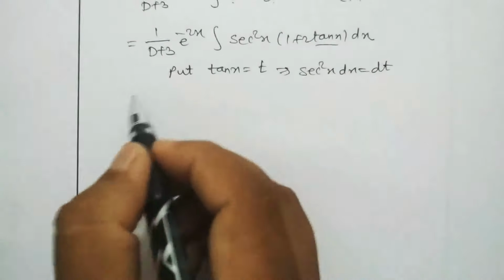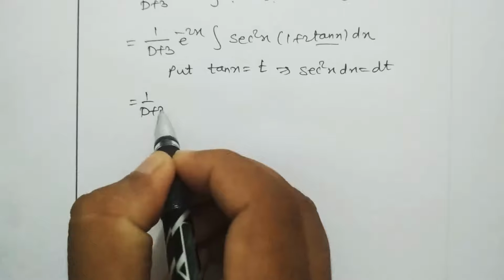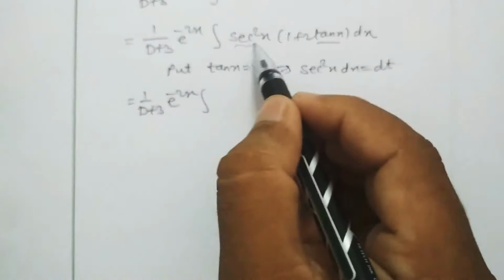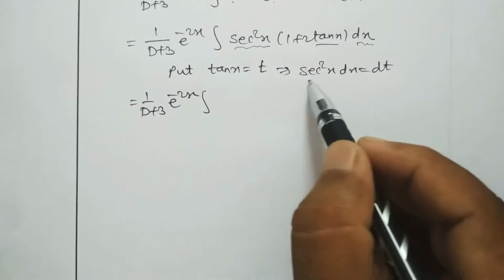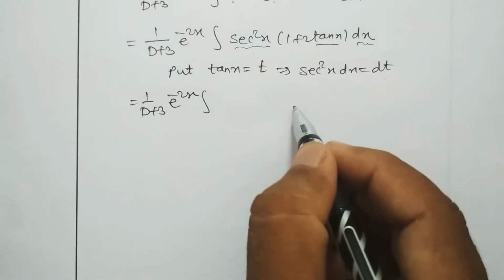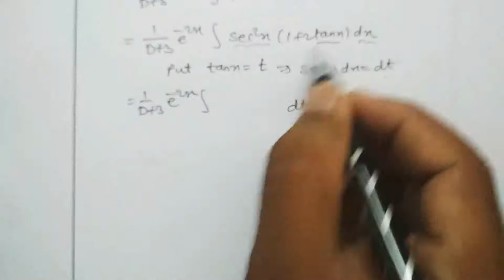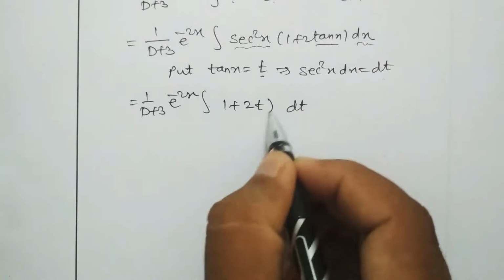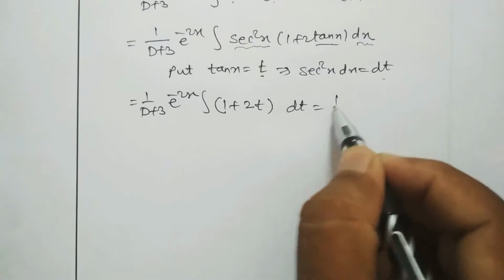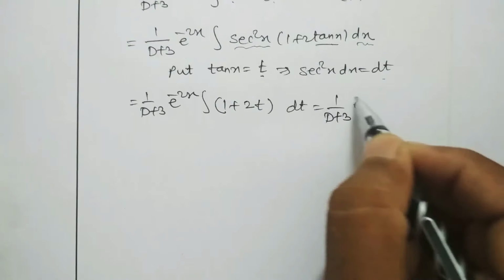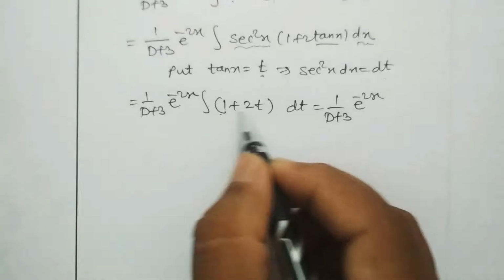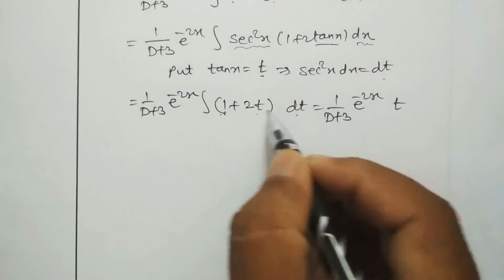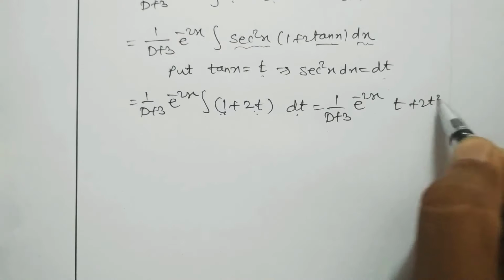So using this substitution, you will get 1/(D + 3) e^(-2x) as it is, integration of, now this sec²x dx value is dt, and in the bracket term, 1 + 2 and the value of tan x is t. So we will get this term. This equals 1/(D + 3) e^(-2x) as it is, integration of (1 + 2t) with respect to t. So integration of 1 is t and integration of 2t is 2t²/2.